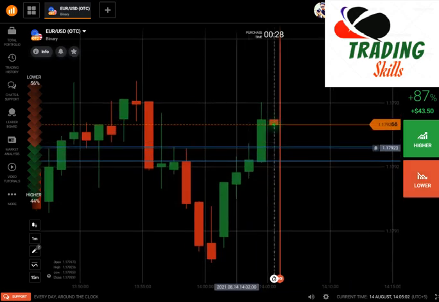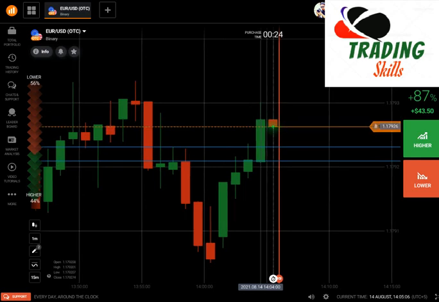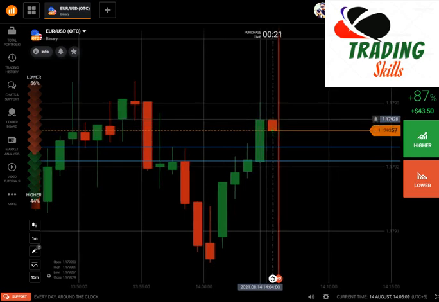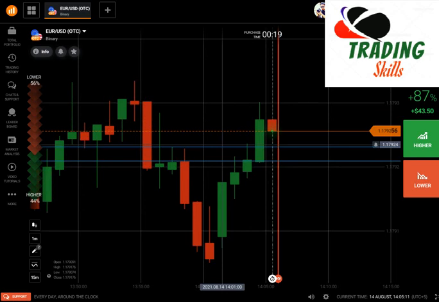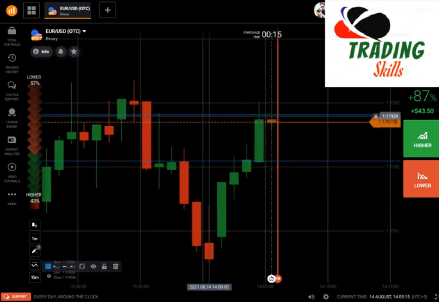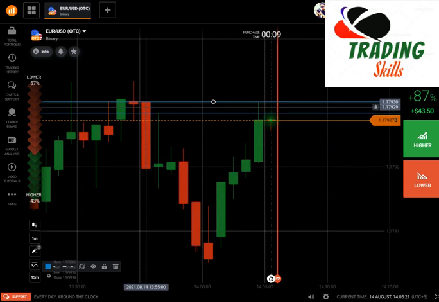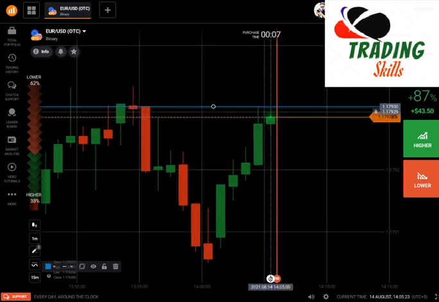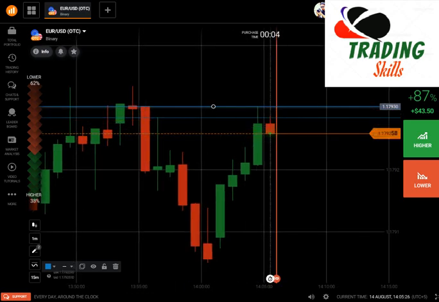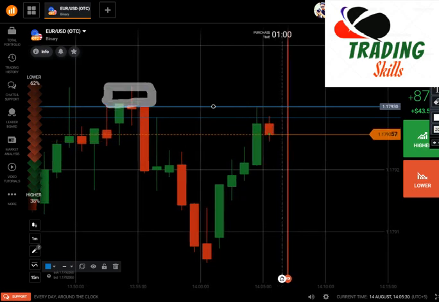again the market broke the level strongly, but I will not take any kind of trade. I will not do any foolish trading here. Now you can see this candle's wick is touching this area, so it is showing us that we need to wait here for this level's breakout.